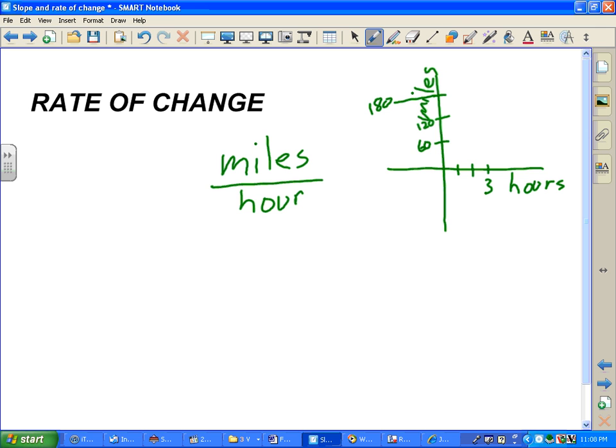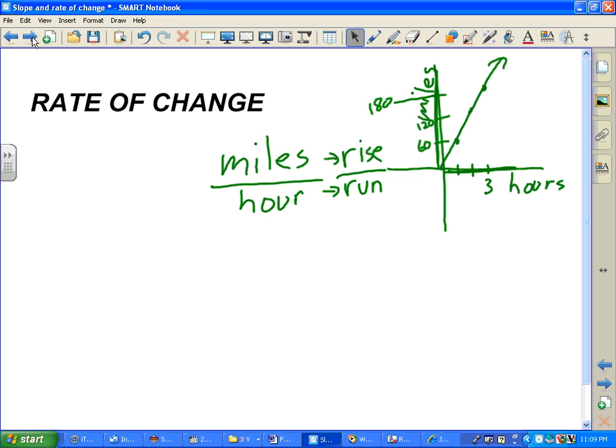And if I graph this, it would look like this. Slope, rate of change, rise over run. Hey, look, miles is the rise, hours is the run. So rate of change is one way that we can start using slope in word problems.